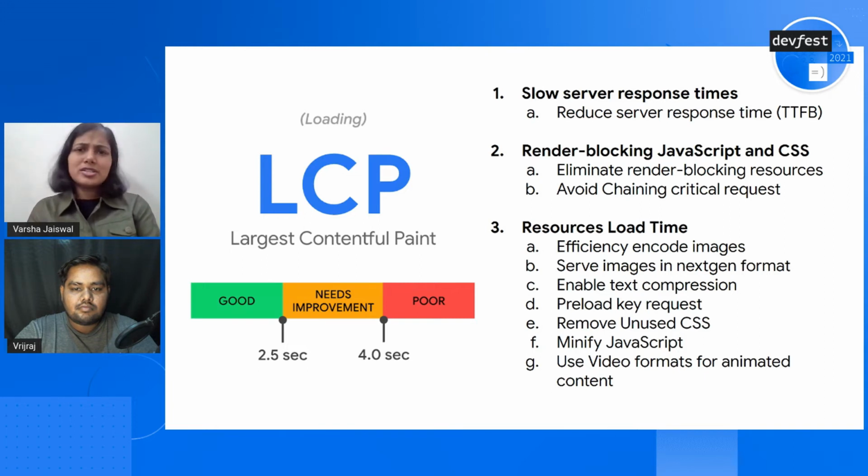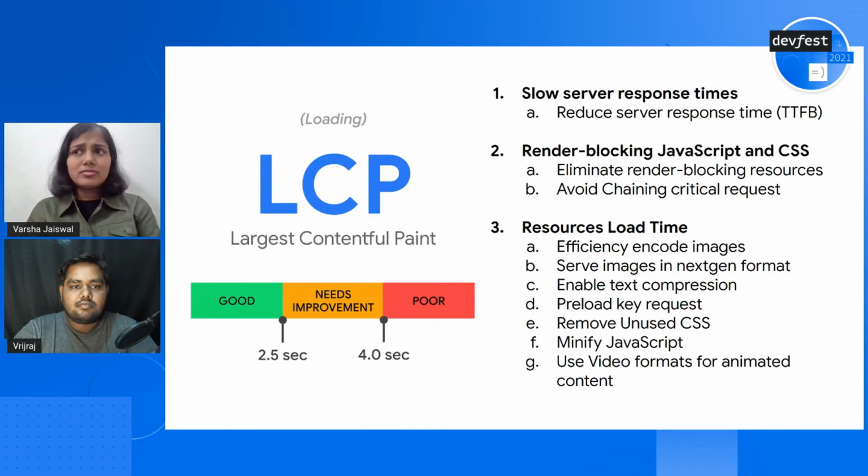And the first and most important thing which I feel we as developers do is we write a particular code and we forget or avoid removing it later if it is not of any use. This also affects performance. So if you have written any unused CSS or unused JavaScript code, you just need to remove that. You can minify your JavaScript.